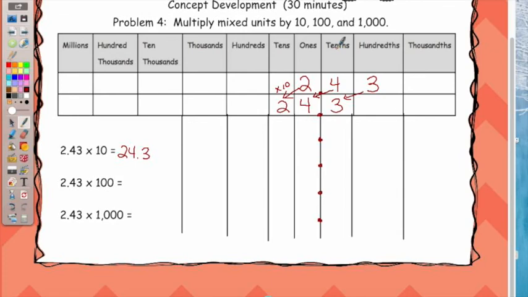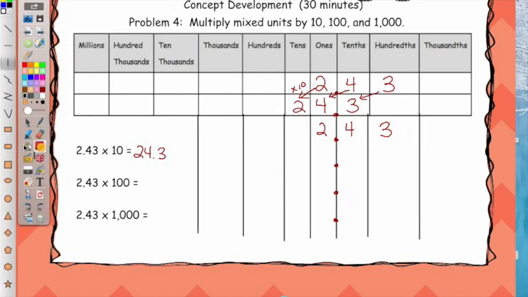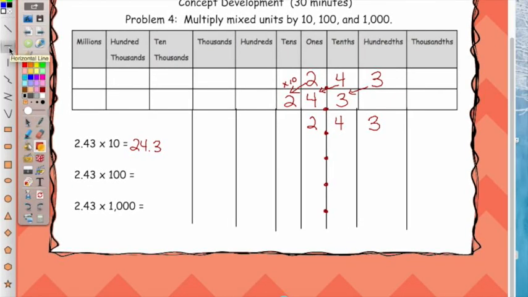Okay, let's start with 2 and 43 hundredths again. And what are we dividing by this time? 100. So how many place values will we move? 2.